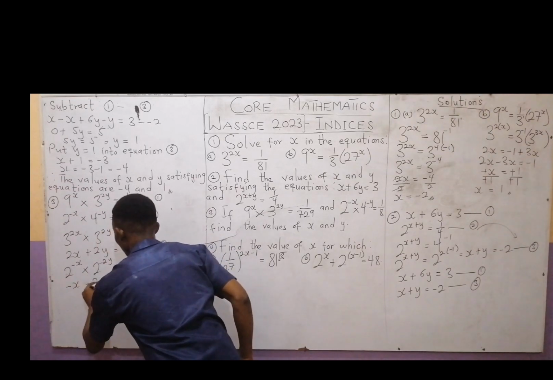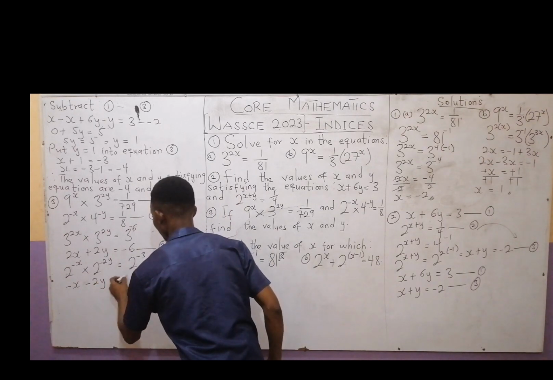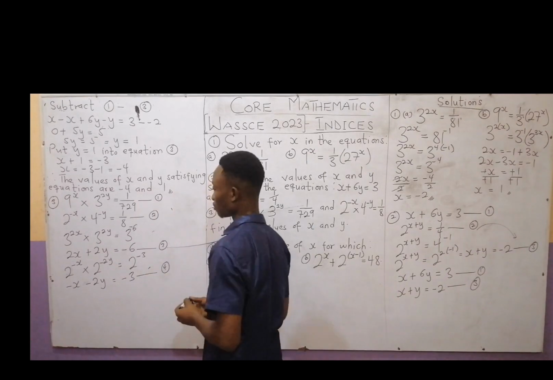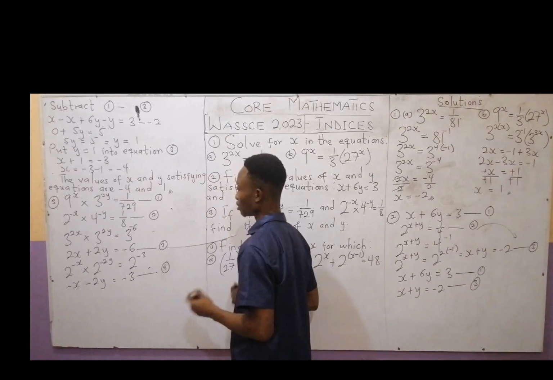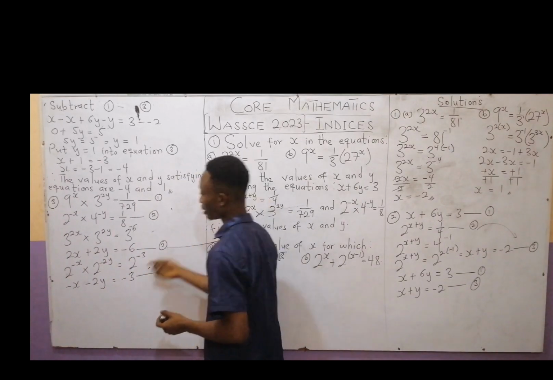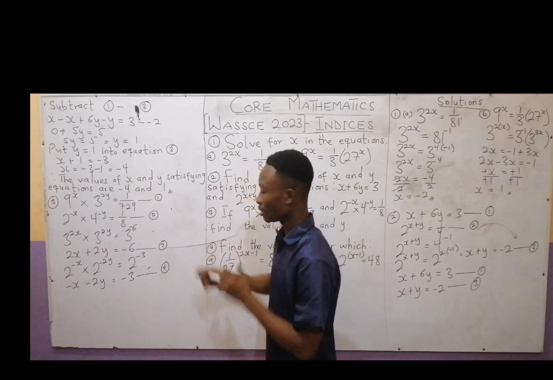Negative following positive, negative is dominant. Then negative 3. This is equation 2, we call this equation 4. So what are our new equations? 2x plus 2y is equal to negative 6, equation 3. Negative x minus 2y is equal to negative 3, equation 4.